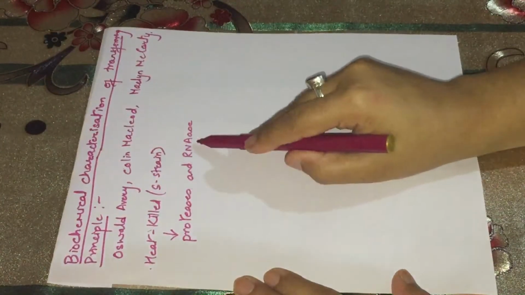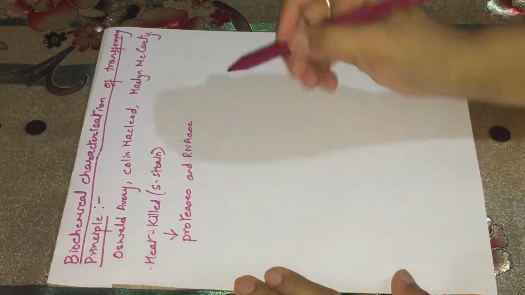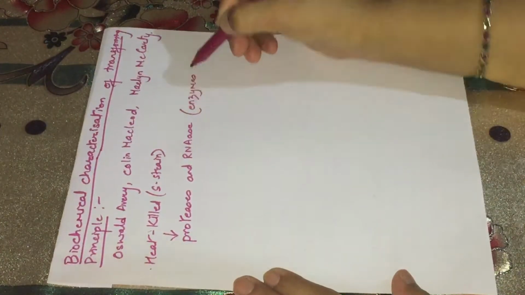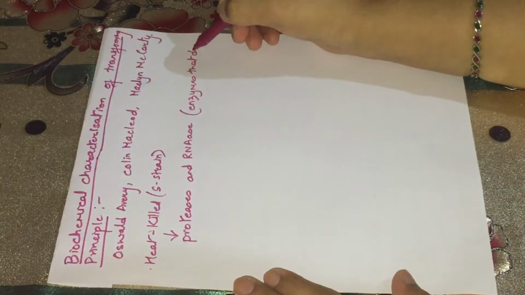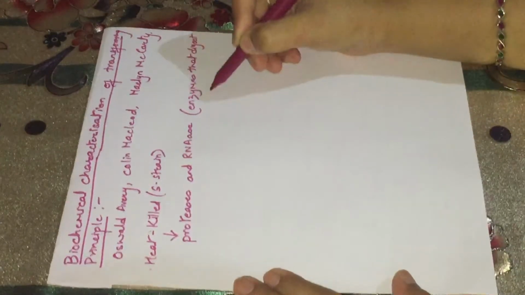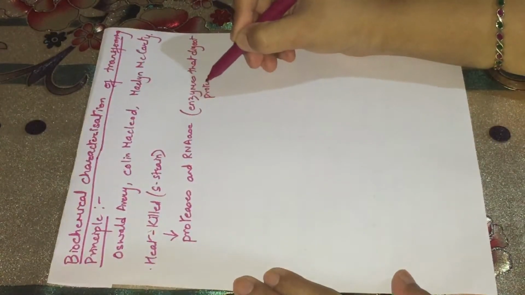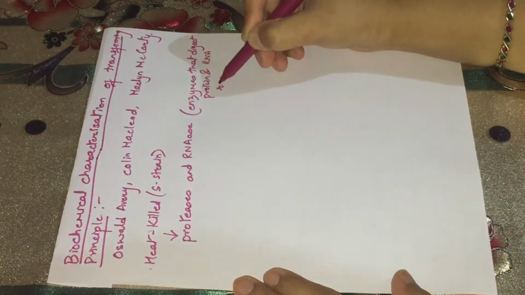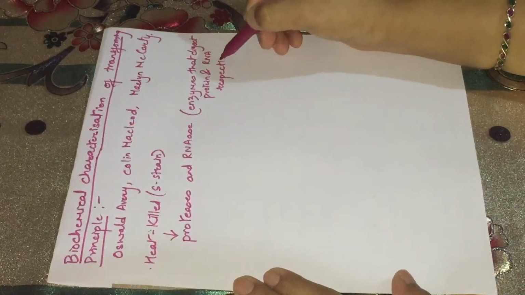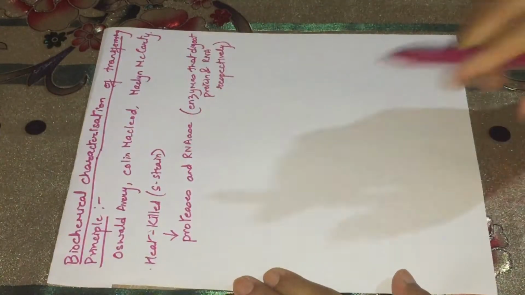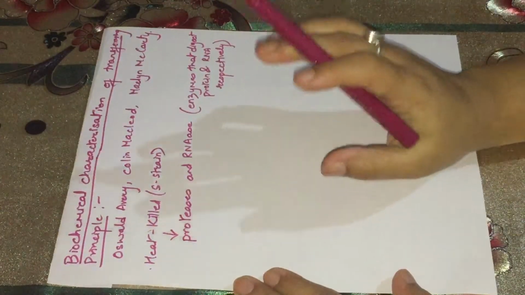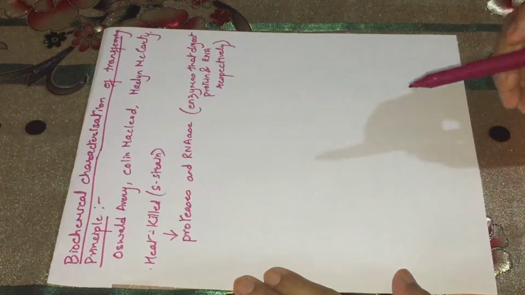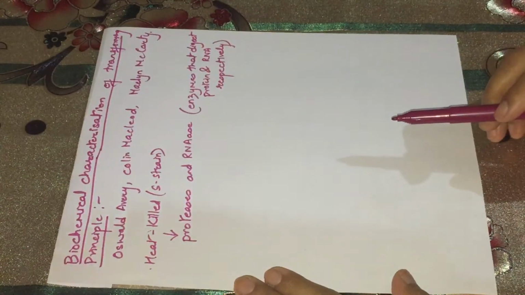These two are nothing but enzymes that digest protein and RNA respectively. That means proteases are the enzymes that digest protein, and RNases are the enzymes that digest RNA.